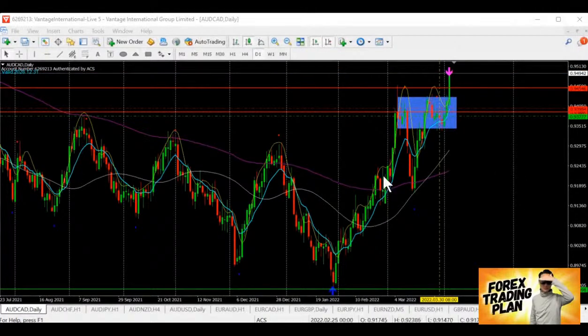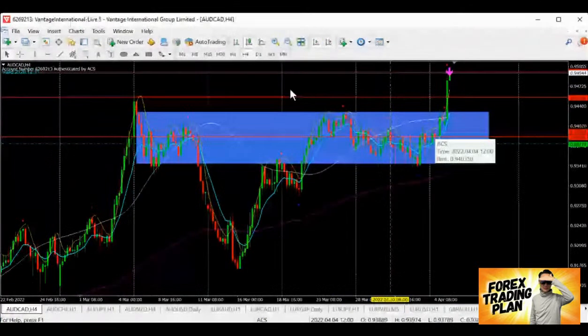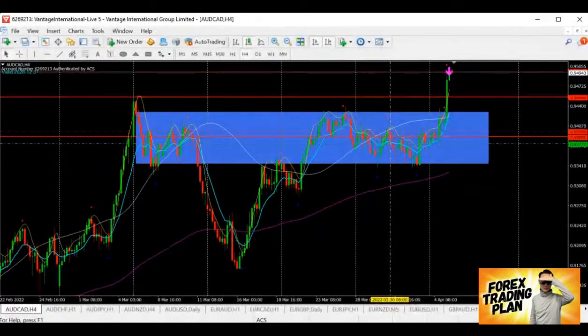Let's start. Let's take a look at what we have here. First of all, Aussie CAD: yesterday we were talking about this area, hoping to see it start to sell out of this transition box.